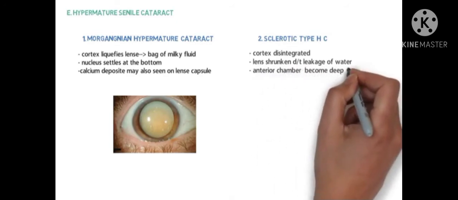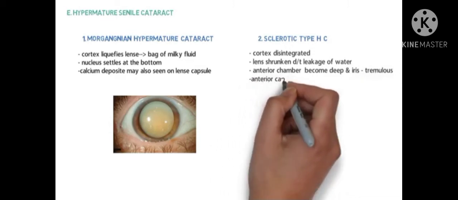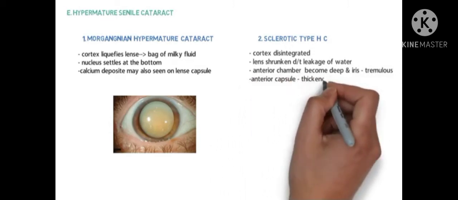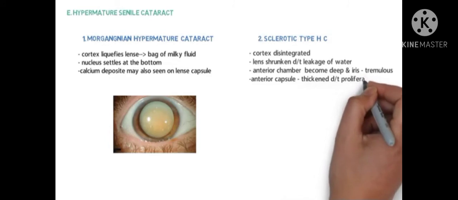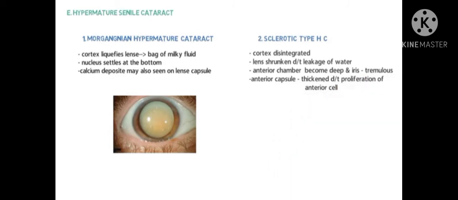In this type of cataract, there is a thickening of anterior capsule due to proliferation of anterior cells. So this is about hypermature senile cataract. Two types of hypermature senile cataract, that is Morgagnian cataract and sclerotic type of hypermature cataract.